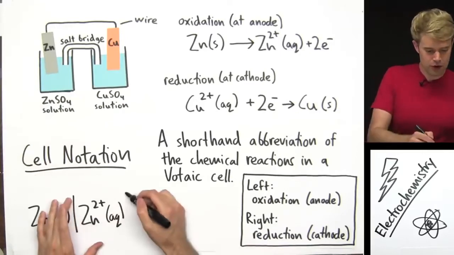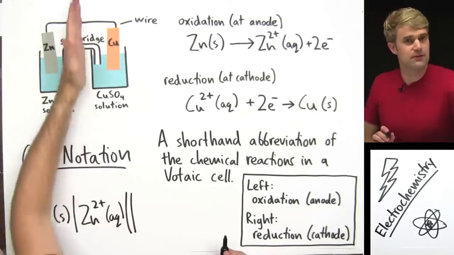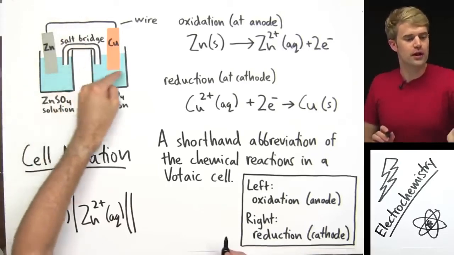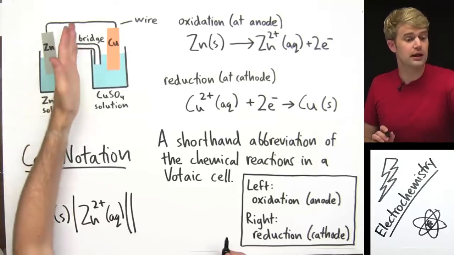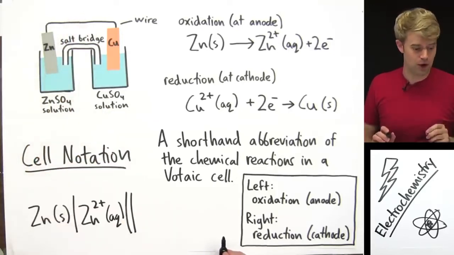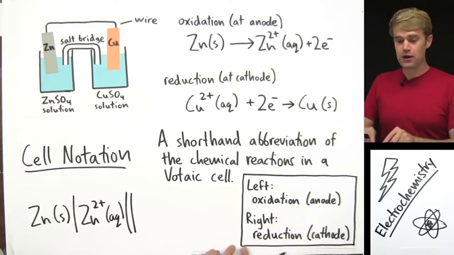Then I put two lines like this, and these two lines represent the physical boundary between these two half cells, or you can think of them representing the salt bridge. Now on the right, I put information about the reduction process.